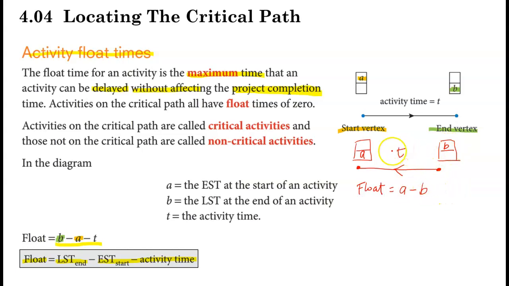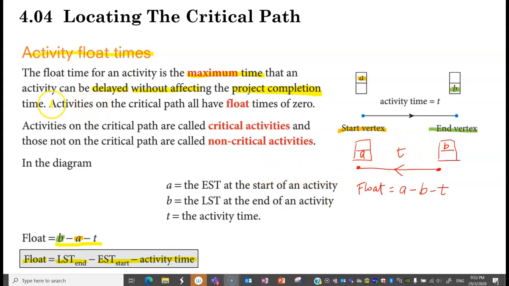Then I minus the activity time here. Okay, so there you go. So do take note of the direction of the question. So go for the ending activity, LST, minus the start activity, EST, and then minus the time of the activity.